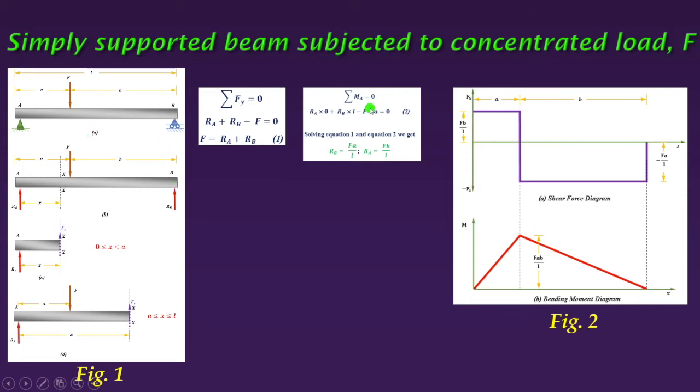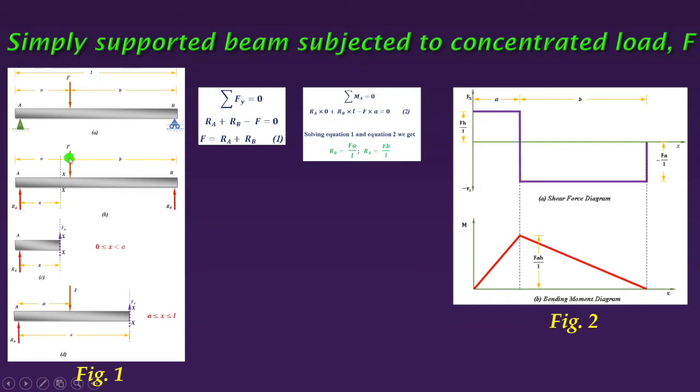So RB into L is the positive moment here. The distance of RA from A is 0, so RA into 0. And F into A.